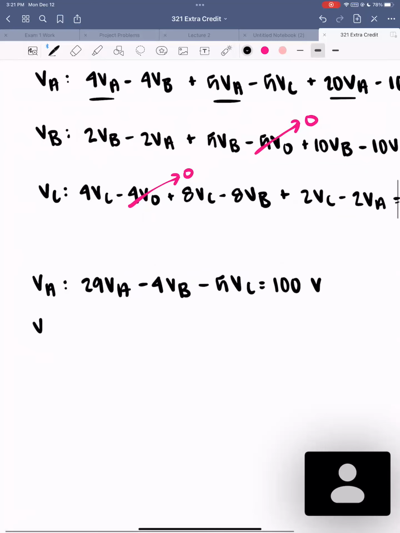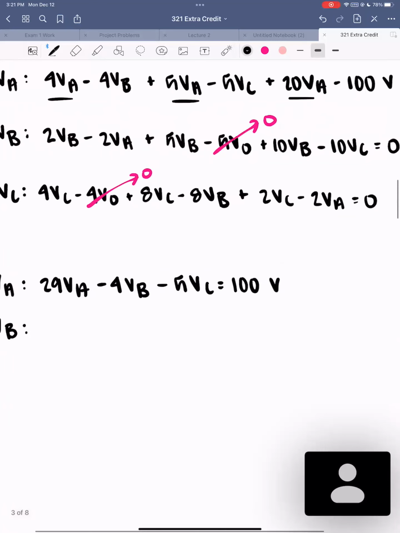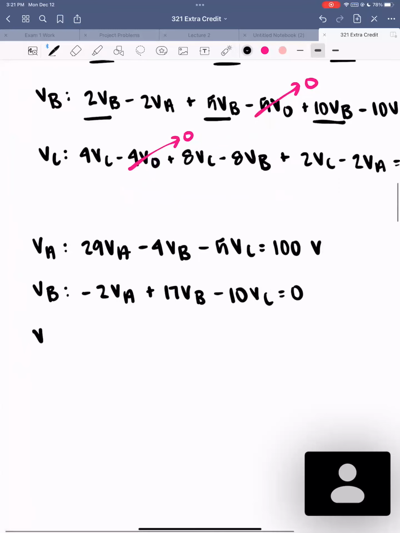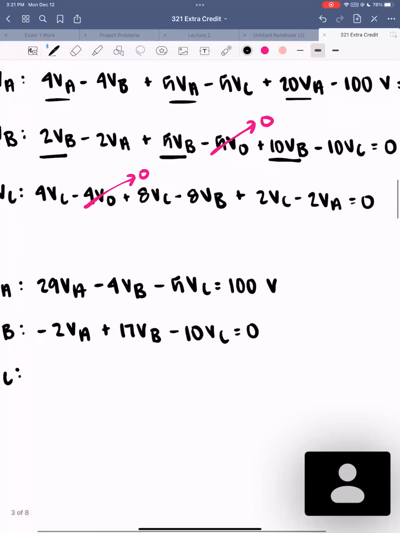And then for VB, we're going to combine all the VBs, so we get negative 2 VA plus 17 VB minus 10 VC is all equal to 0. And then for VC, we're going to combine all the VCs. So we get negative 2 VA minus 8 VB plus 14 VC, all equal to 0.